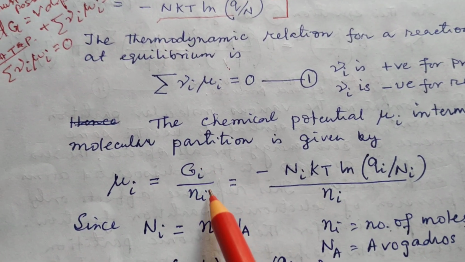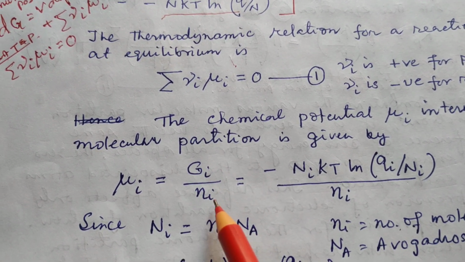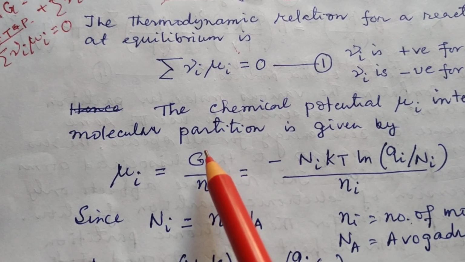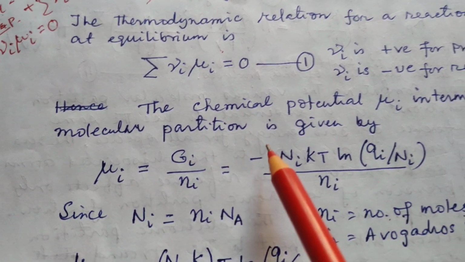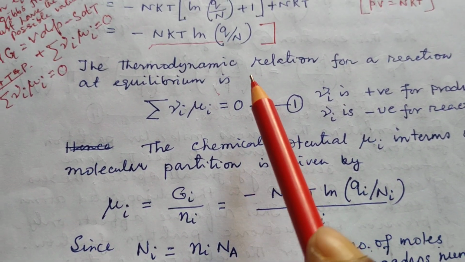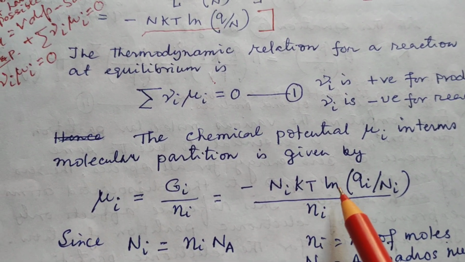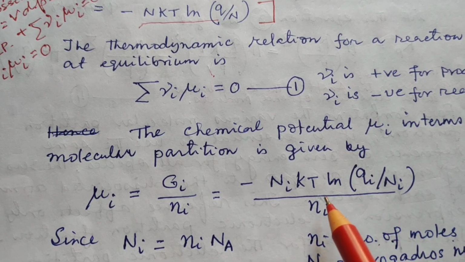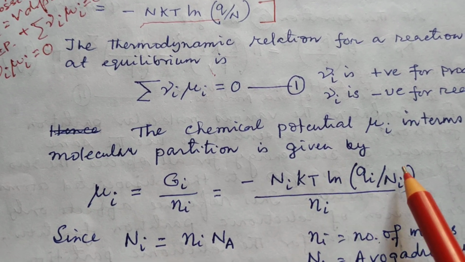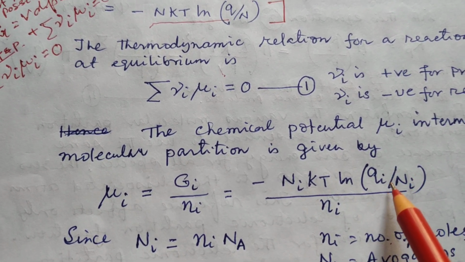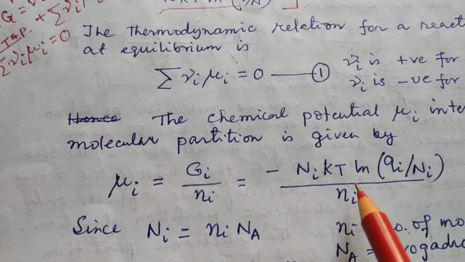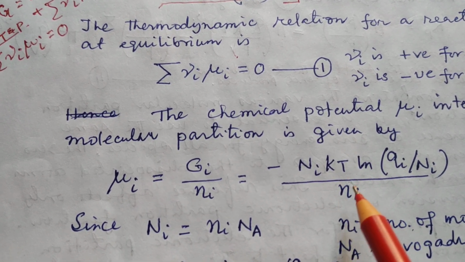Here n_i is the number of moles and G_i is the free energy. Now put the value of free energy here. This equals minus N_i kT ln(q_i/N_i) divided by n_i, where capital N_i is the number of molecules and small n_i is the number of moles.